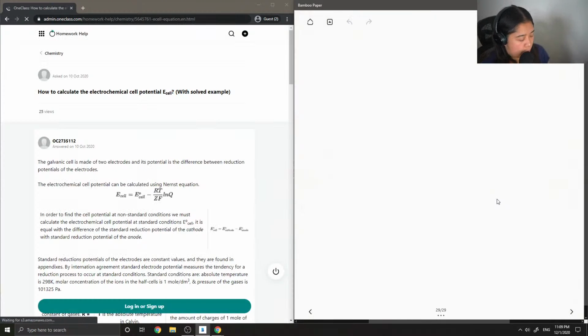Okay, so on to question 3. How do you calculate the electrochemical cell potential E cell with a solved example? So to calculate for E cell, we are going to use the Nernst equation.